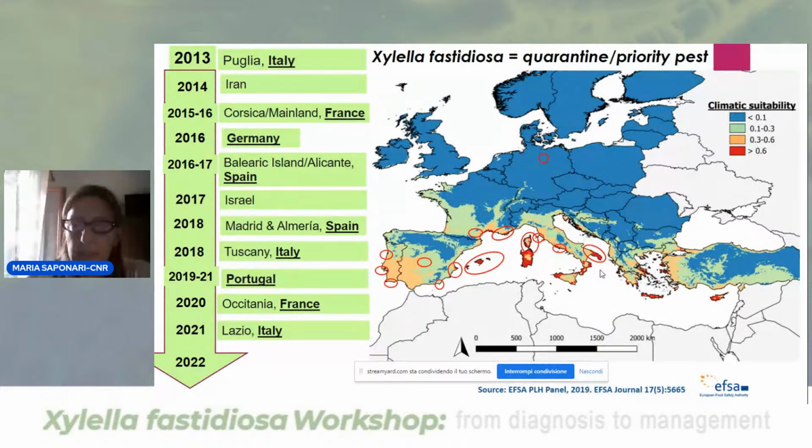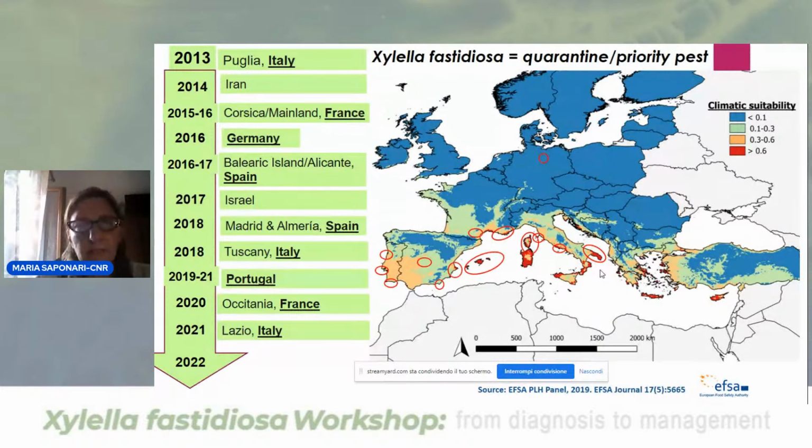As you can see, most of the outbreaks and occurrences of the bacterium have been detected in the most risky locations, with the exception of an outbreak in Germany, but this was related to a single potted oleander plant. Here I reported the years when all these new outbreaks were identified.